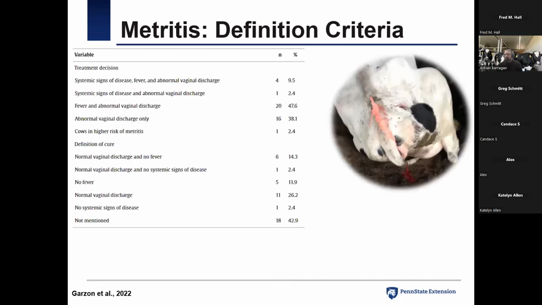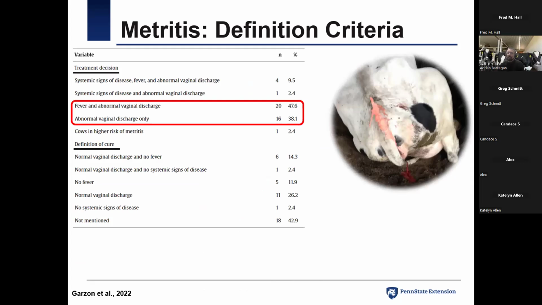So let's see now what they base the treatment decision on, which is a really nice part of the study, because they say, okay, what was our parameter to say we treat these cows or we do not treat them, right? And for that, they actually have systemic signs mostly, right?